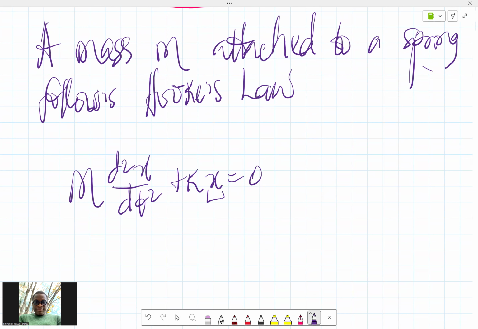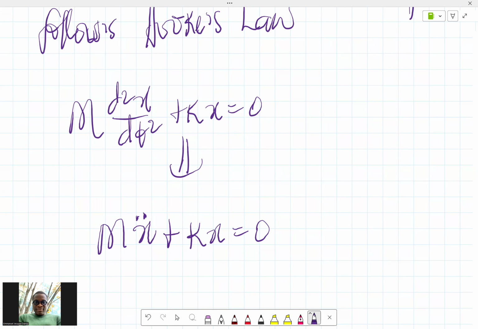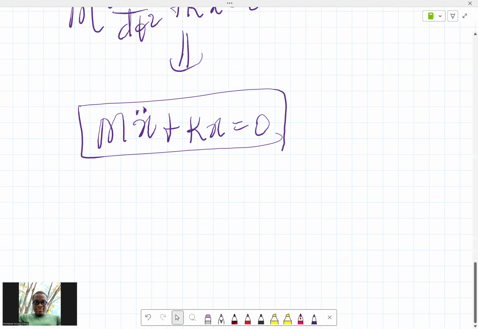We have displacement there, as we're going to see pretty soon. Of course, you can also write this as m x double dot plus kx equals 0, where the dots tell you that it is time dependent and of second order. So that is Hooke's law right there for you.